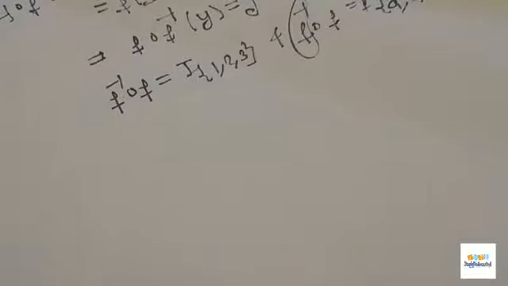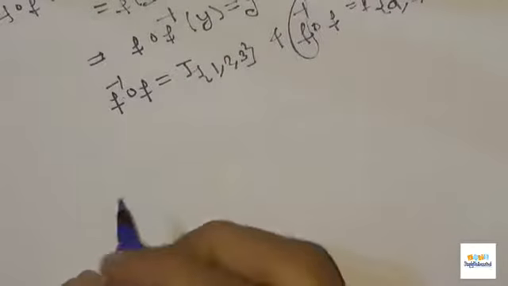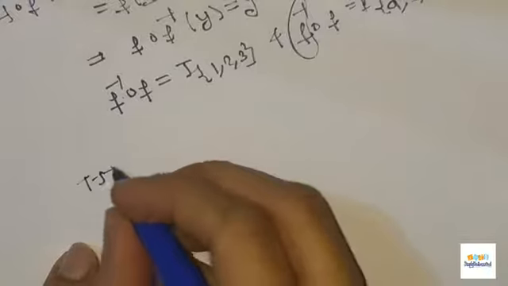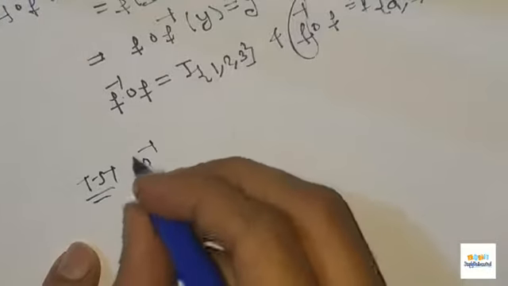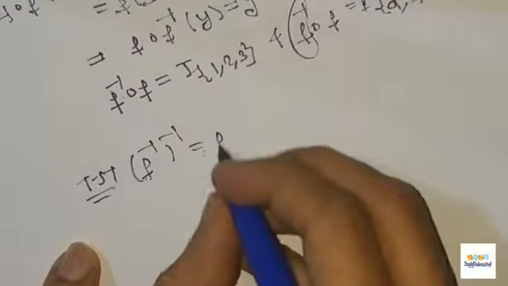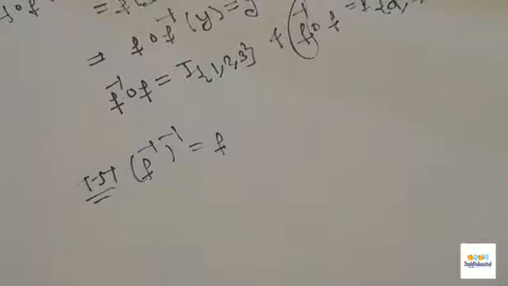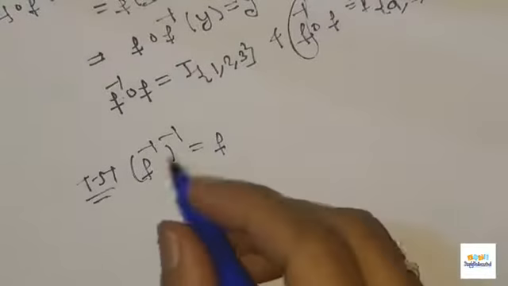First part we have shown, and now we have to go to the second part. In the second part what we have to show is inverse of F inverse is equal to F.